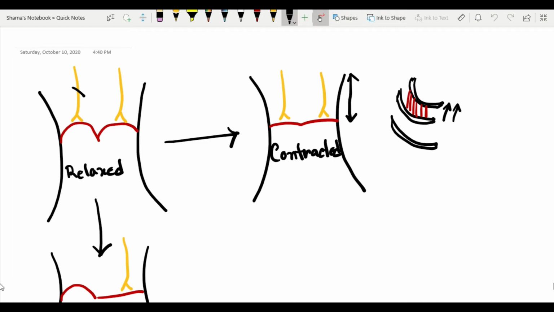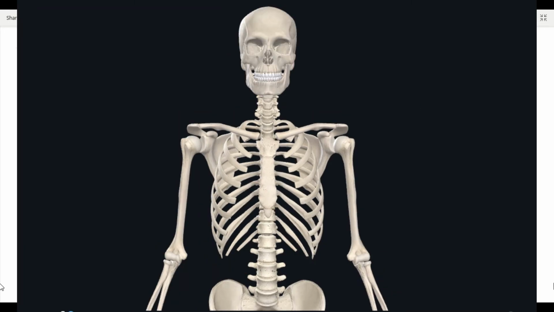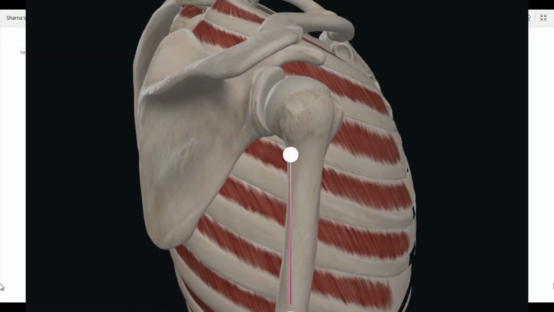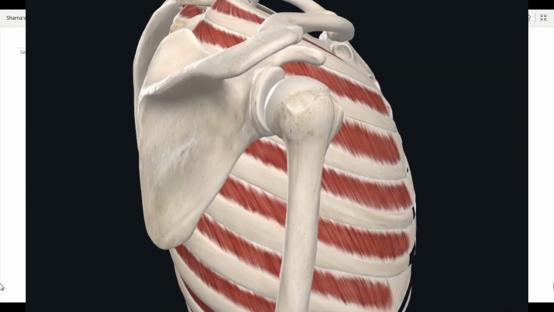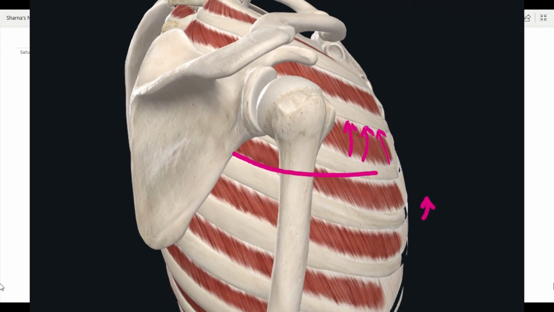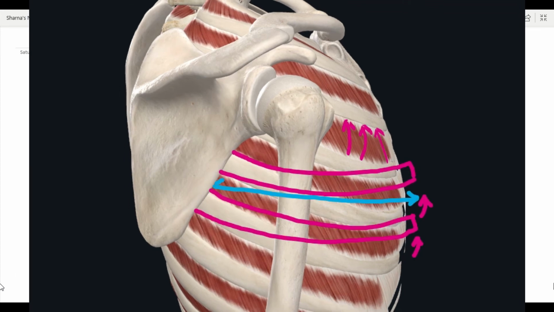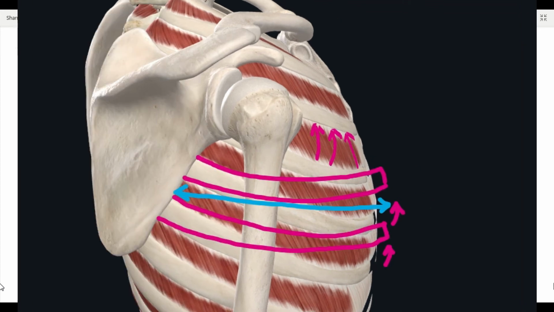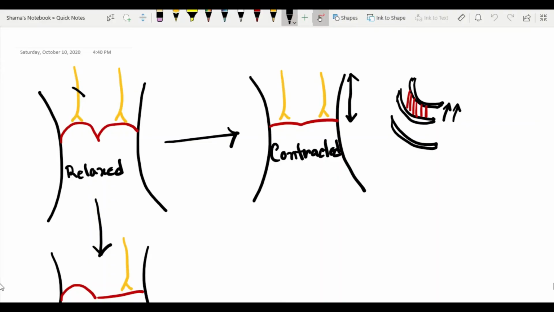So let's go back to the model and see if it works. Let's bring the intercostal muscles. Yes, and see, when these muscles contract, the ribs are going up, so the anterior-posterior diameter and the transverse diameter are increasing.